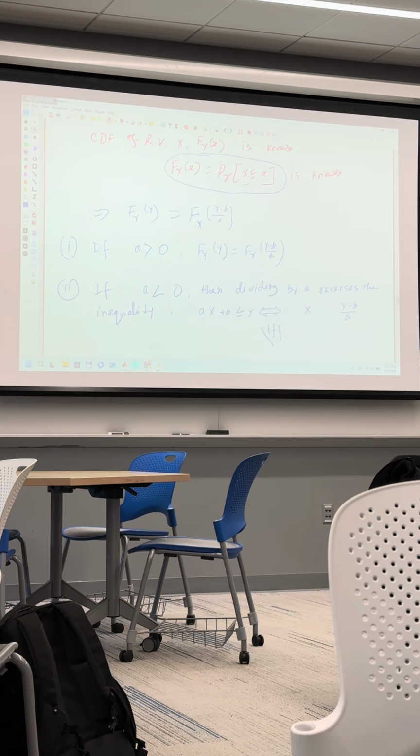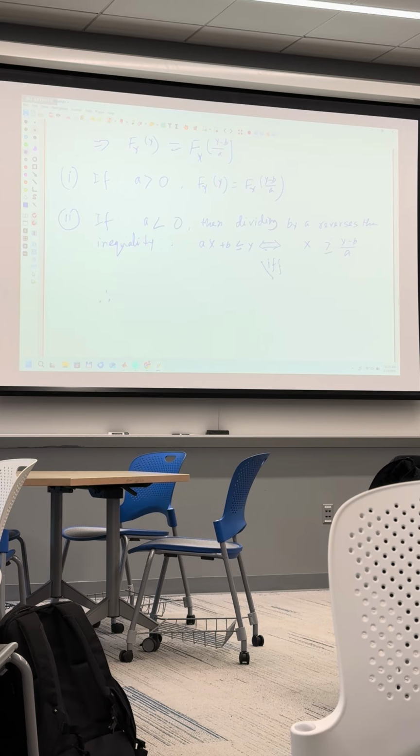If a is greater than 0, that's okay, the inequality follows. But if a is less than 0, what would be this inequality? It is going to be flipped. x greater than or equals y minus b over a. And you pay attention here.